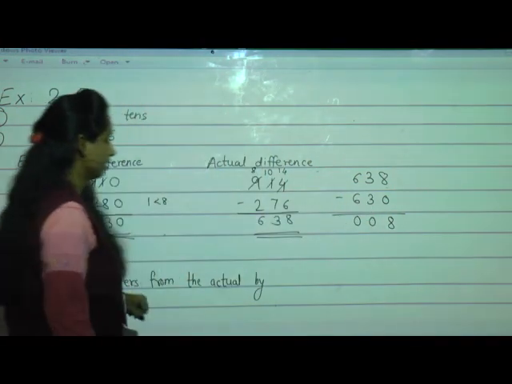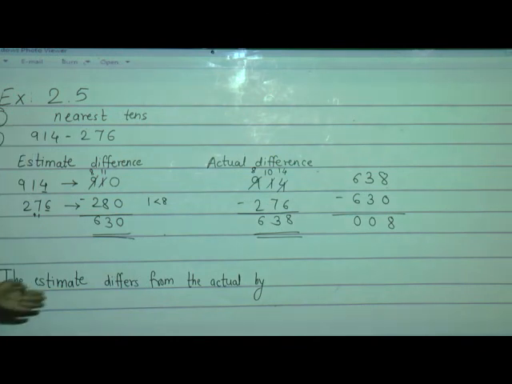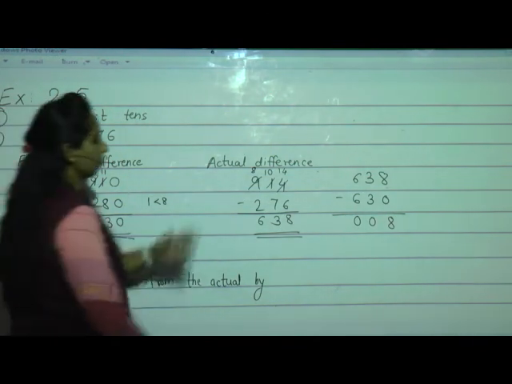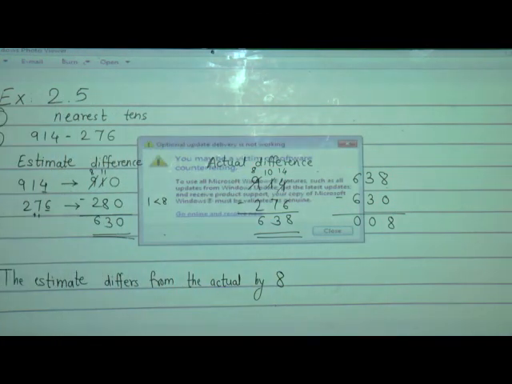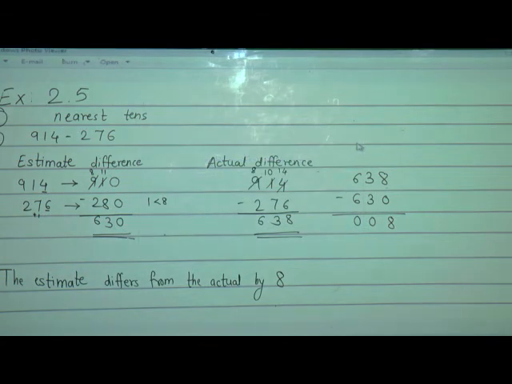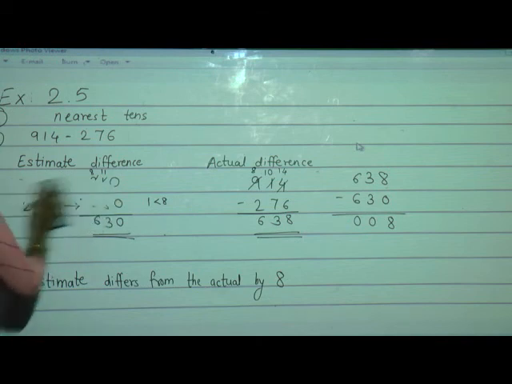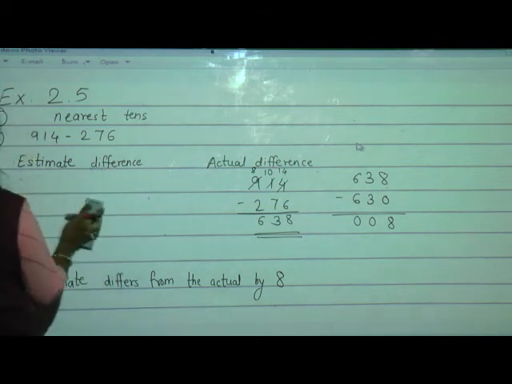So how much difference is there? So you have to write: the estimate differs from the actual by 8. Understood? Same as previously in exercise 2.4 we were doing addition and here we are doing subtraction. Understood? Now I'll take the next sum.